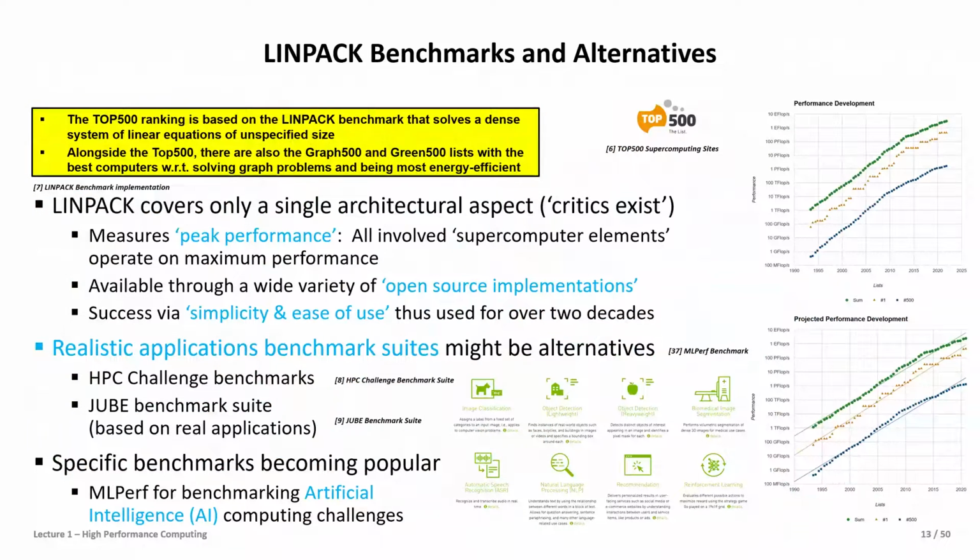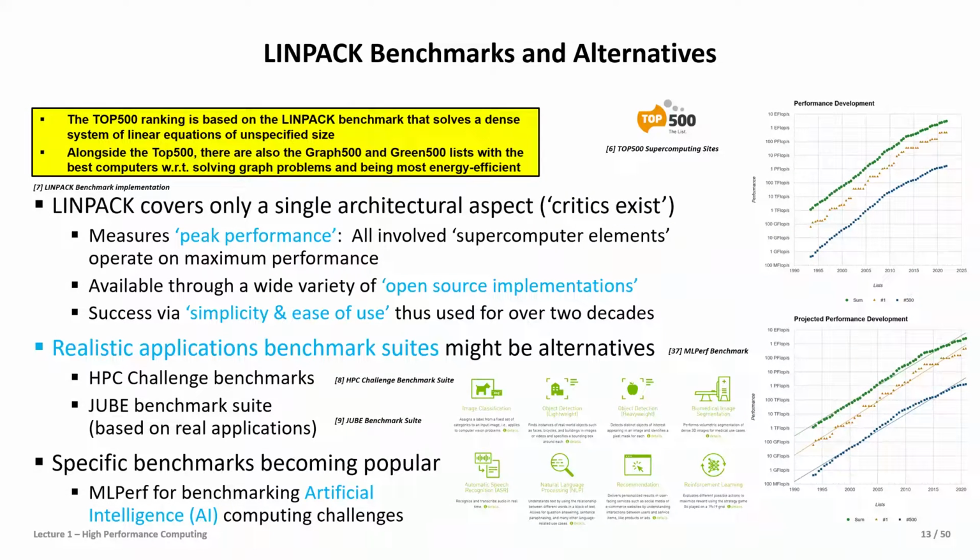The way the Top 500 is computed, which I was alluding to, is sometimes criticized. It is linear equations that are solved, a dense system over time. And this is not really how several applications work, right?